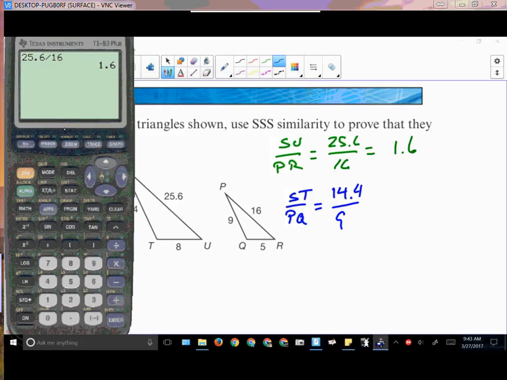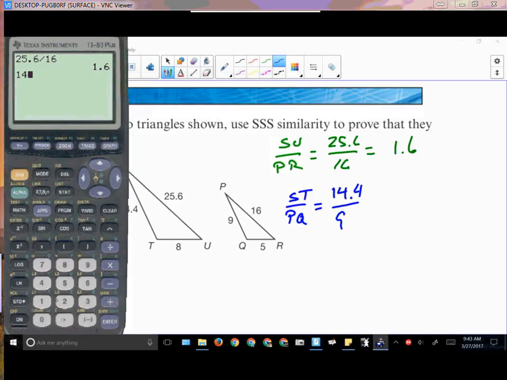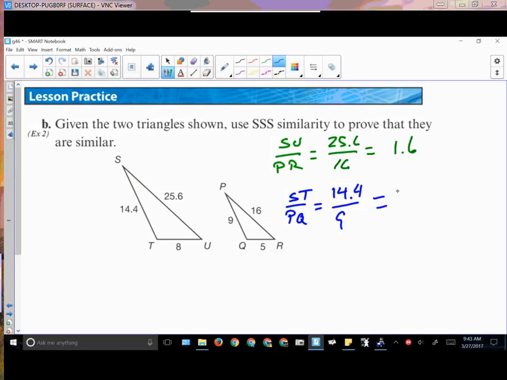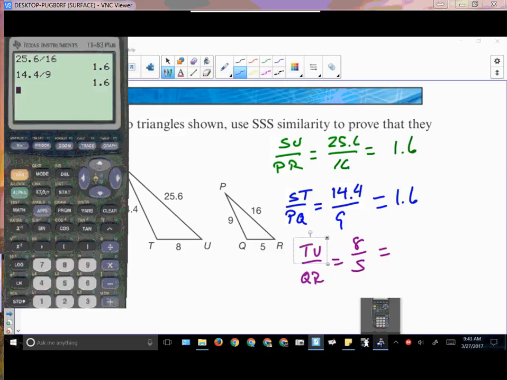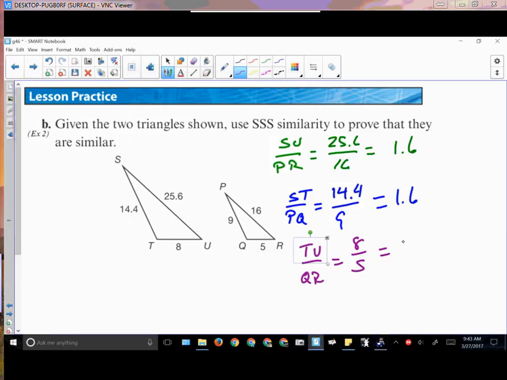So, let's see, 14.4 divided by 9. Well, looky there, 1.6. So would I hope that's going to hold out for the other two, where we have TU over QR should be equal to 8 over 5, which should be equal to 8 divided by 5, 1.6. There we go. That was nice, wasn't it?